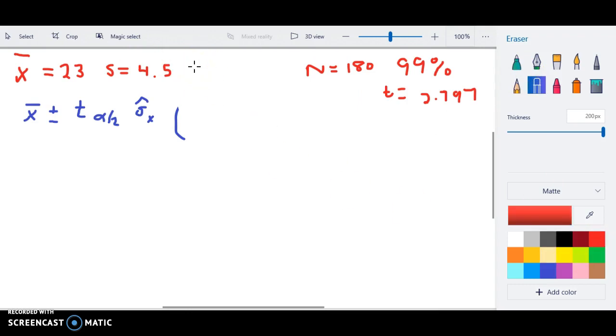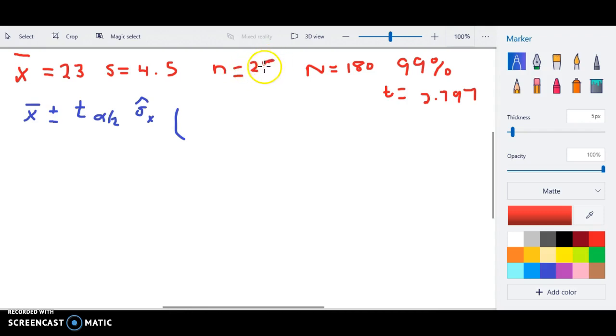Let me put that back up there. I didn't mean to erase all of that. 4.5 and n was 25. Apologize for that. Getting back to the formula here, it would be the square root of N minus n over N minus 1.